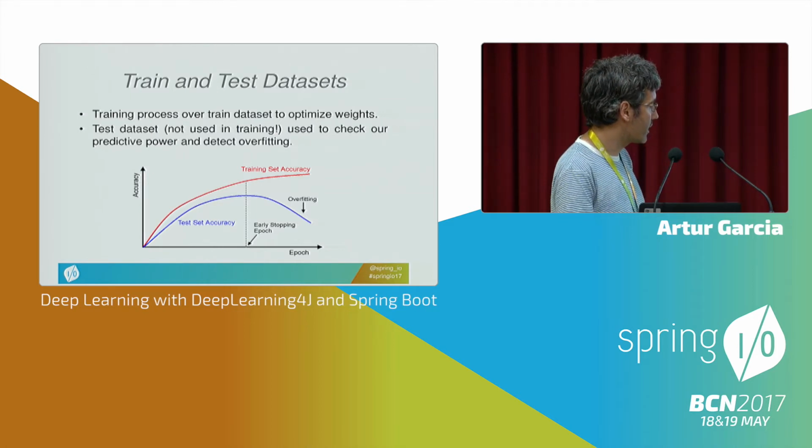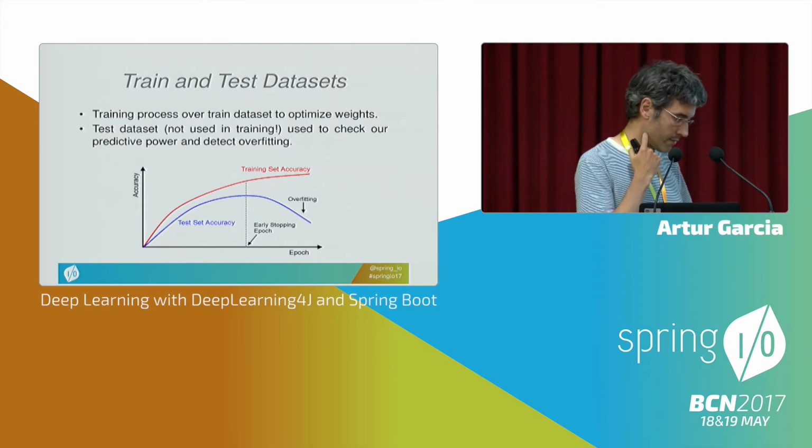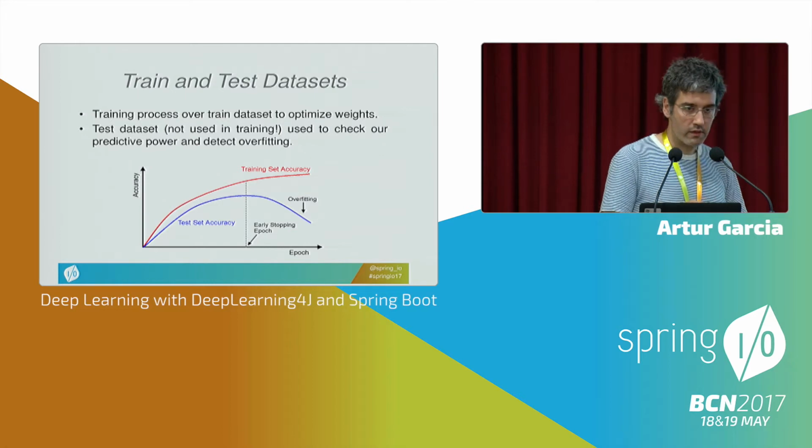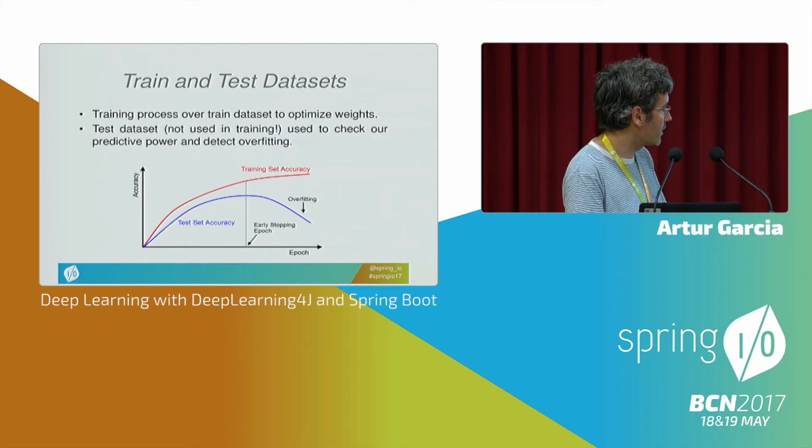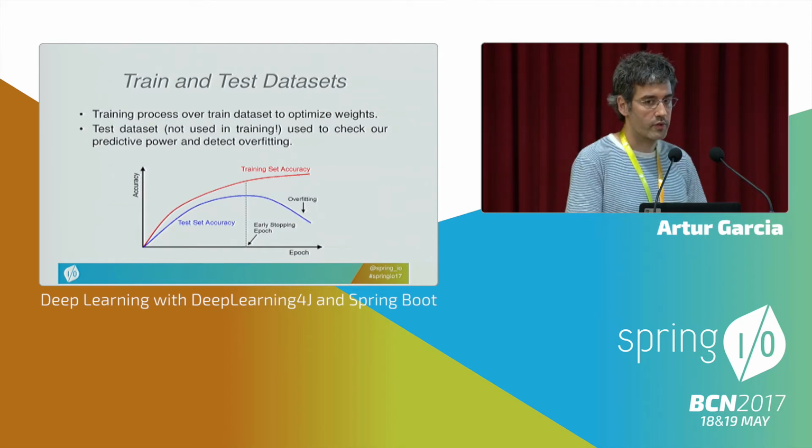But actually, the typical situation may be this, along the training of your network. An epoch means a single visit of all your data set. So you repeat this process a lot. As this is an optimizing process, you will keep improving over the training data set.